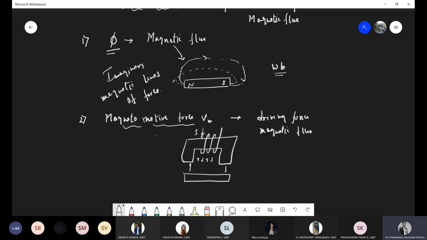And this force which we're talking about is called magnetomotive force. This push or pull, the force which is pushing or pulling this iron material due to the magnetic flux generated here due to a current, is called magnetomotive force. Remember these terminologies.